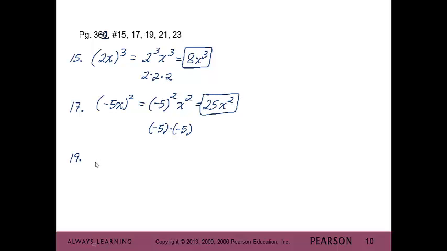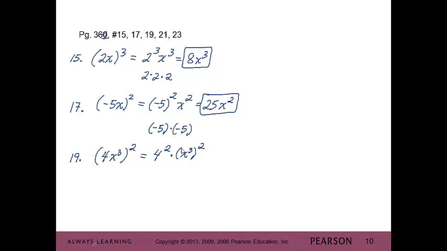Number 19, we have 4x to the third power, all raised to the second power. So our factors are 4 and x to the third power. We're going to raise each to the second power, so that's 4 to the second power, times x to the third power, raised to the second power.